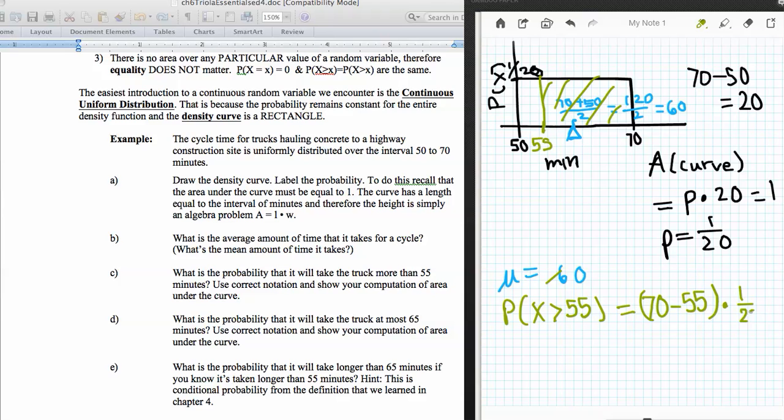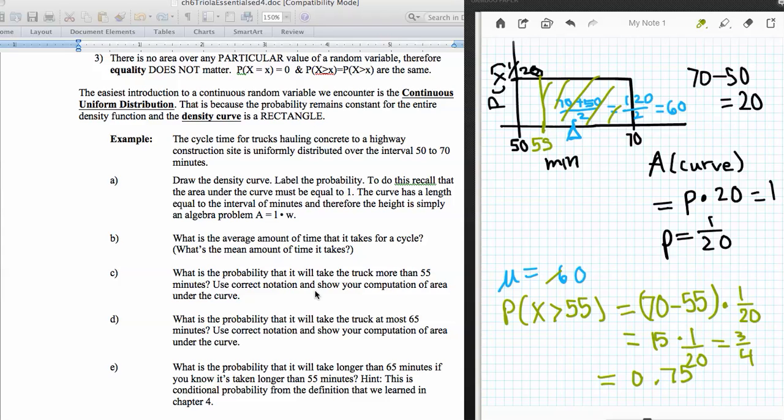So the area is the width times the height, length times the width. And so 15 is our width here, and then times 1/20th. So we have 5 going into both 15 and 20, so that's going to give us 3/4, or 0.75. So our probability here would be 0.75.